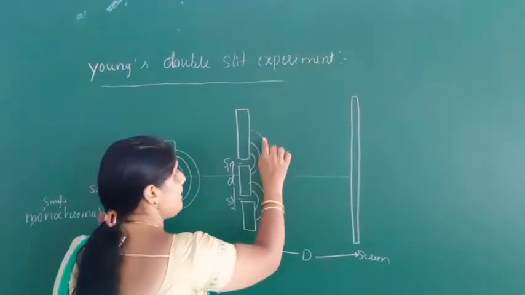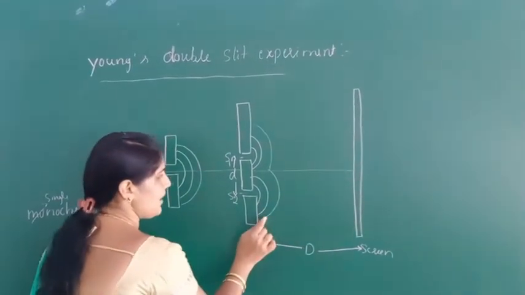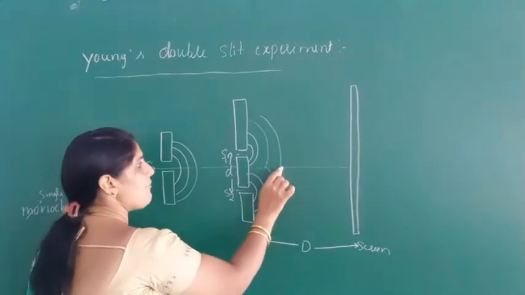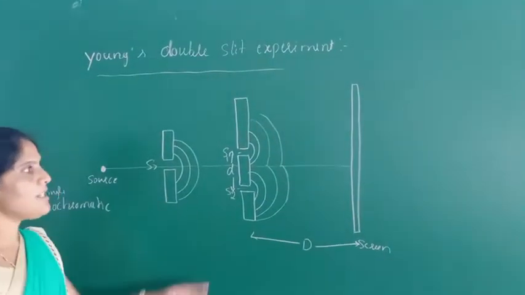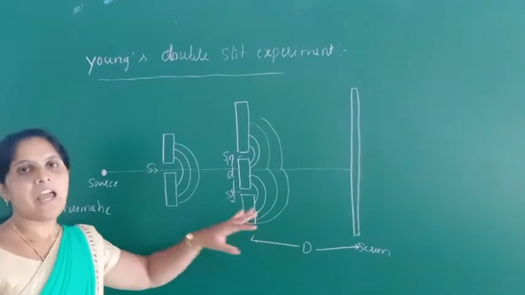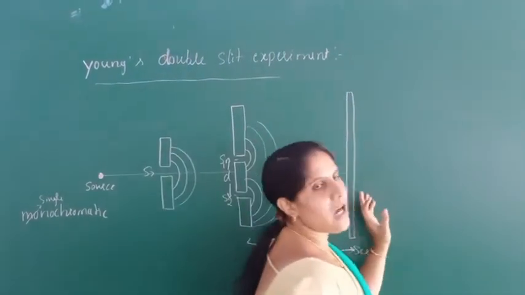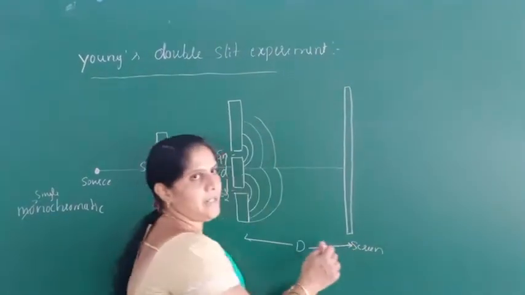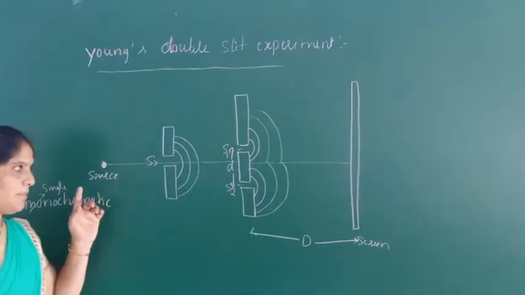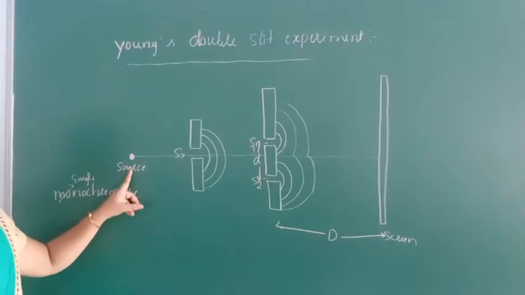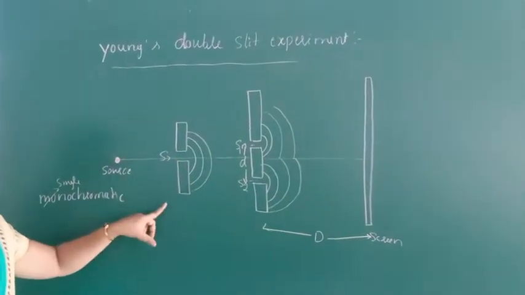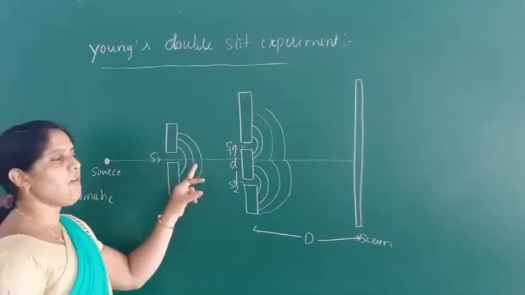After some time, these spherical wavefronts overlap with each other. That means they are superposed on each other. When they are superposed, the interference pattern is observed on the screen. Once again I repeat: when light from the source falls on slit S, spherical wavefronts are formed.